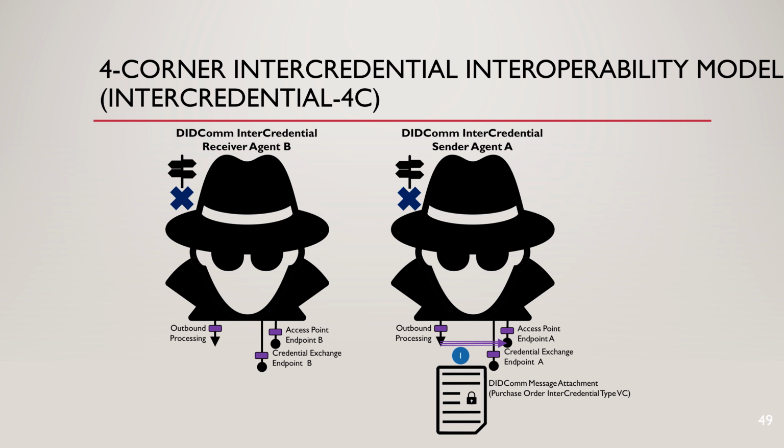So number one there, from the outbound processing from the origin endpoint of the sender agent, it's going to send that VC credential to its access point. And remember the role of an access point, whether it's in the logical composition model or a separate discrete agent, is to transform the previous credential into a new credential type. So in this case, the access endpoint A is going to transform it from a VC to an LDVC1 because that's part of the agreement with the receiver.